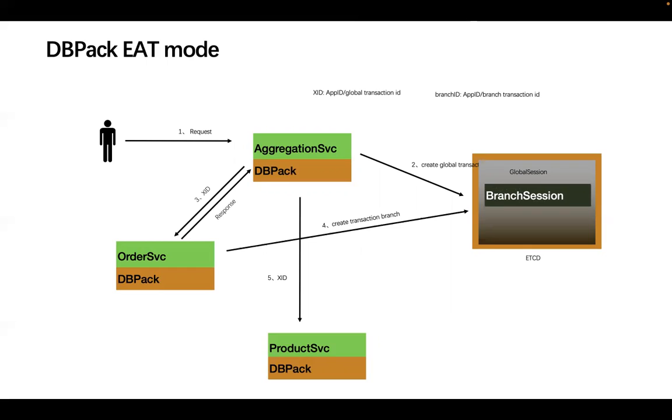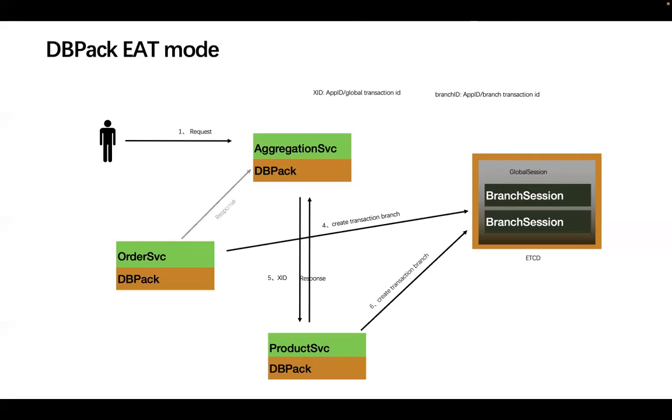After the order service call succeeds, the order service will call the product service, and DBPack will get the XID and create the transaction branch for the product service. We have a branch session in the etcd. Then the product service will respond to the aggregation service.